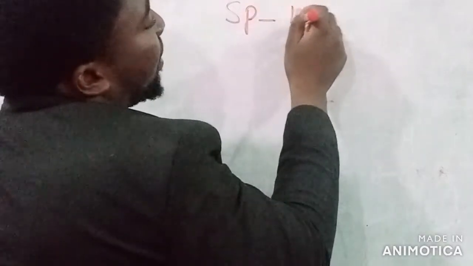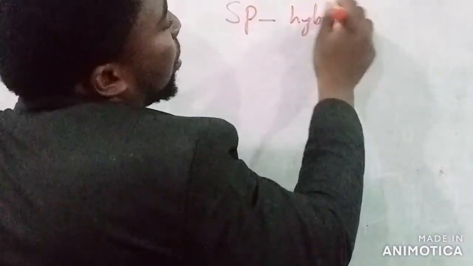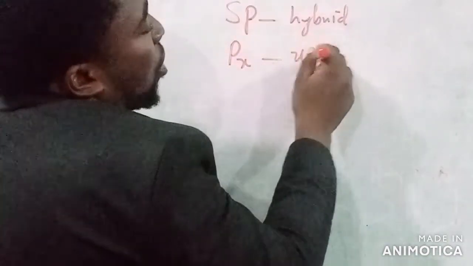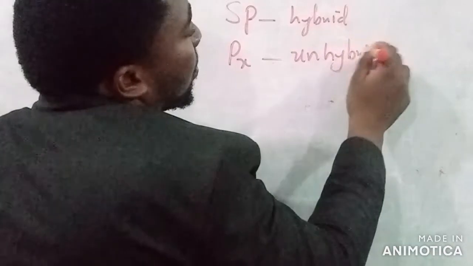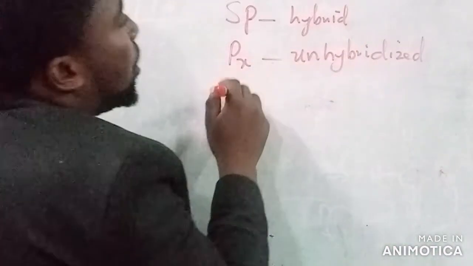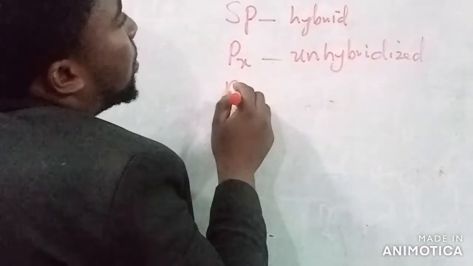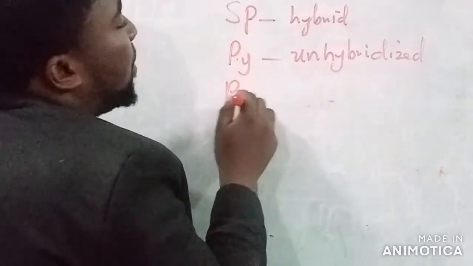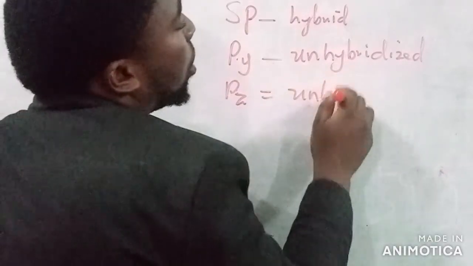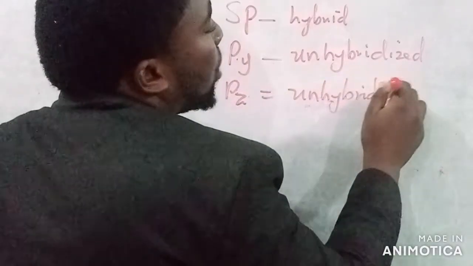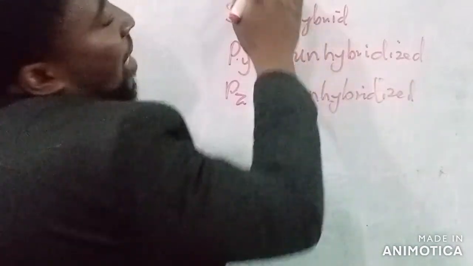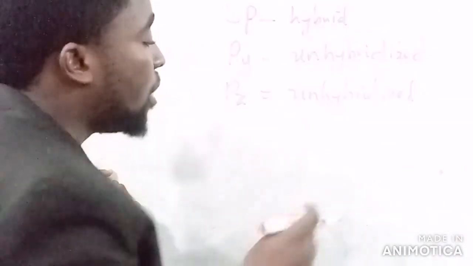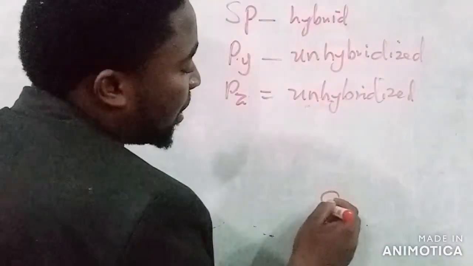So the sp hybrid is this part. Then the px orbital is unhybridized, and also the py is unhybridized, and the pz also is what? Unhybridized. So the electron cloud surrounding a carbon atom that has this type of hybridization will be in this manner.